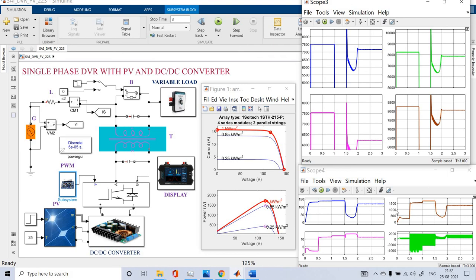Here at 1.5, the value is around 1200. Please see, this is the 1200 value. So 7500 plus 8500, and from this it is going to upload the maximum power.